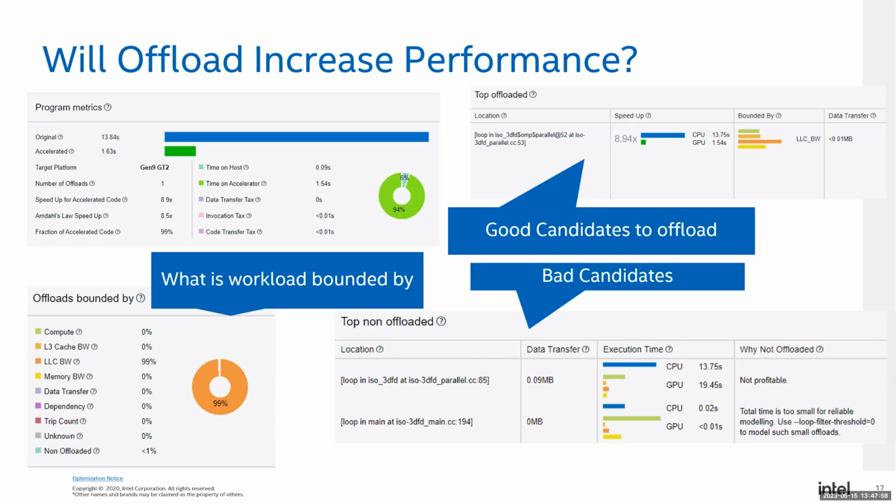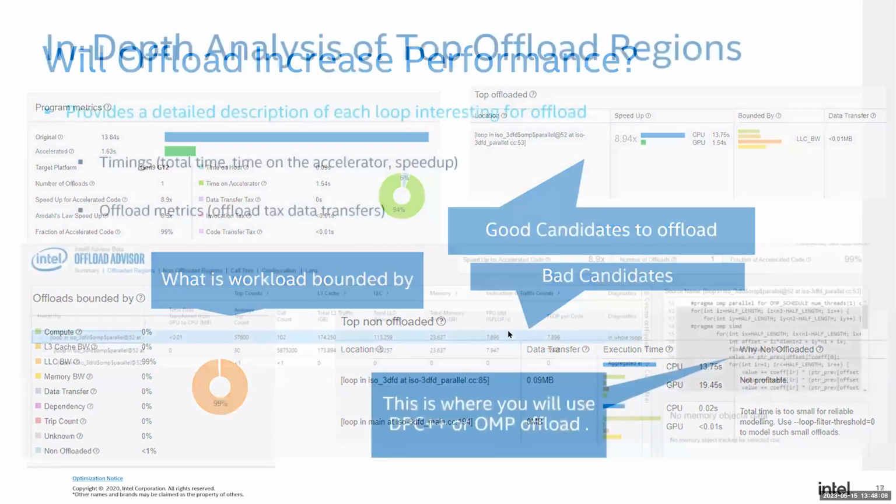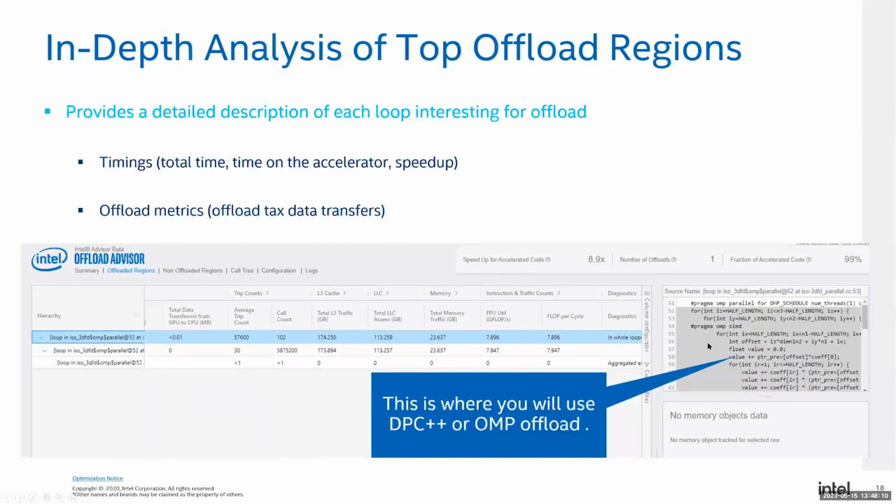So this tool actually takes into account how much time it takes for memory copy versus computation, and whether it's worth it to actually do the offload. And then it shows you the exact code in lines of code, which will help you analyze which parts of the code can be offloaded, right?